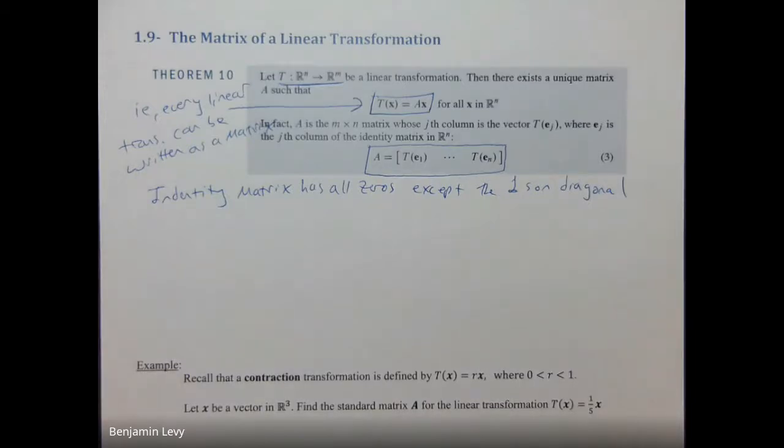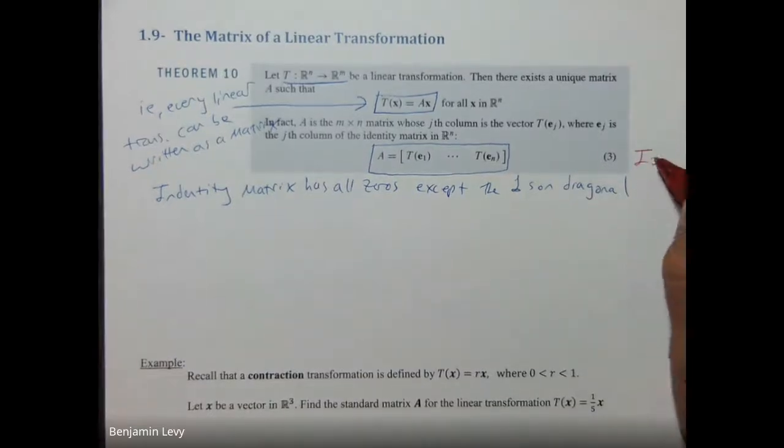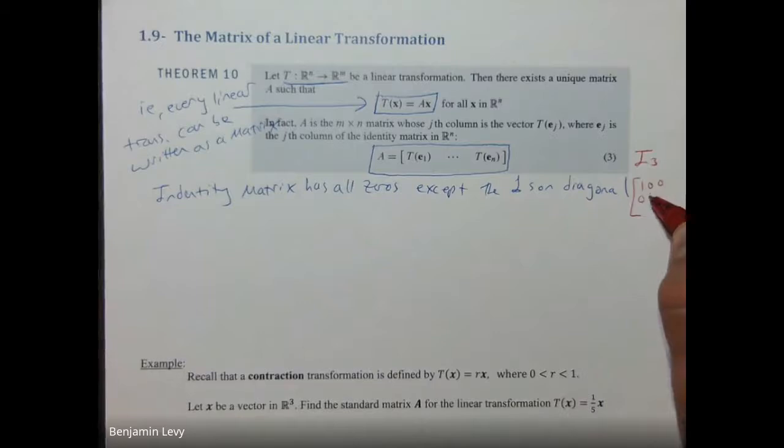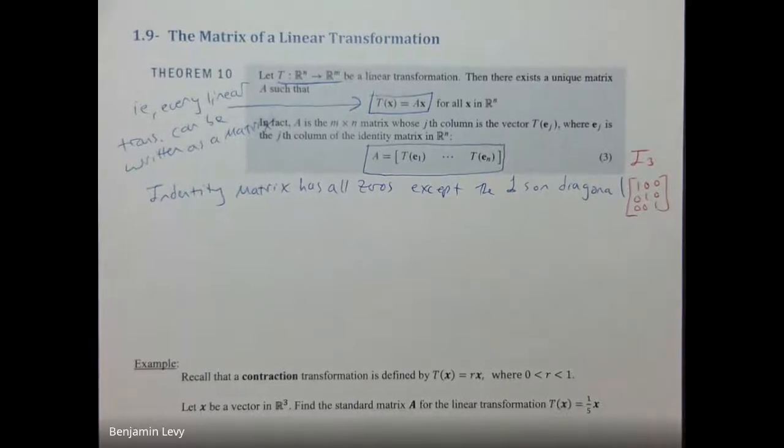Depending on what dimension we're in, it has different dimensions. For example, in 3 dimensions, I sub 3 would look like this: all zeros except ones along the diagonal.